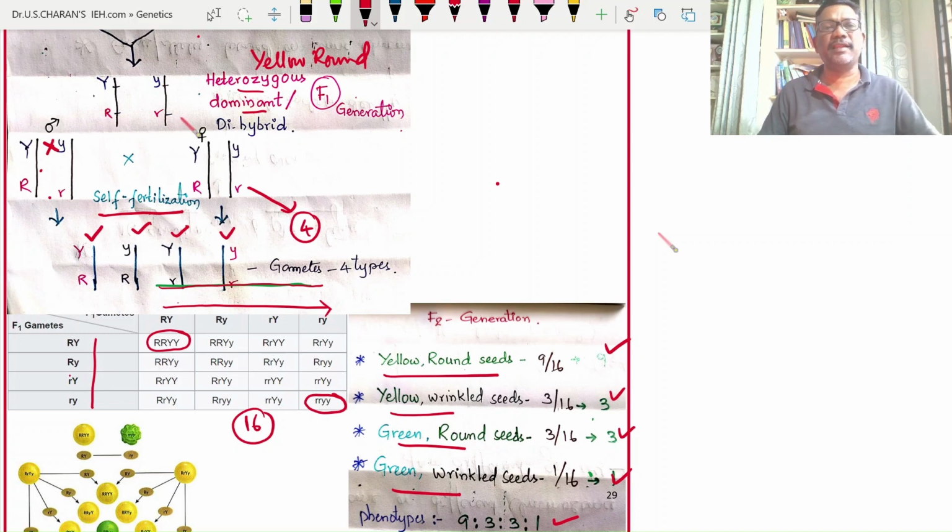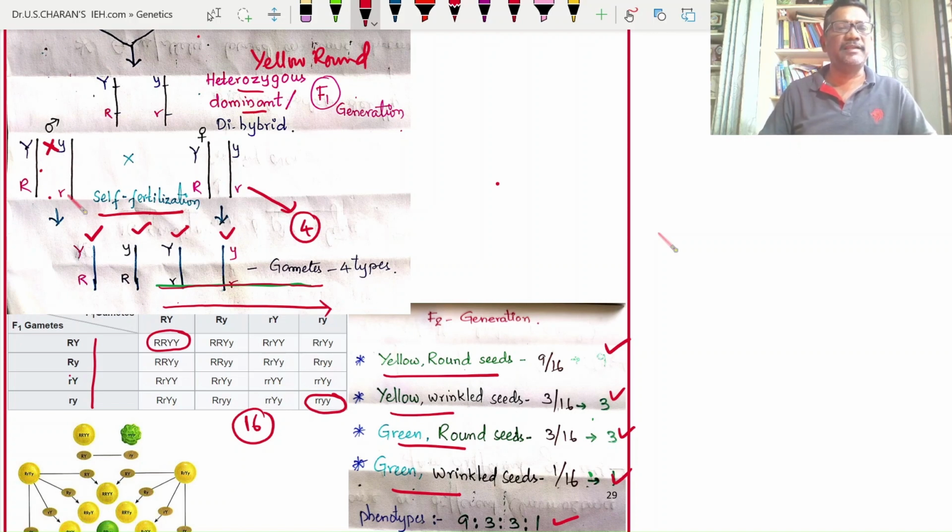Whether the recessive characters are present or not, whether they are hidden or gone away from this population, he had to prove. So he took F1 generation plants, male and female, and allowed them for self-fertilization. This is the F1 male, this is the F1 female. Both are heterozygous dominant parents.